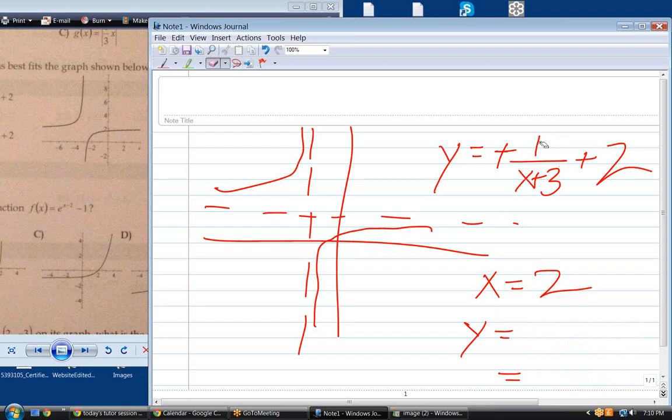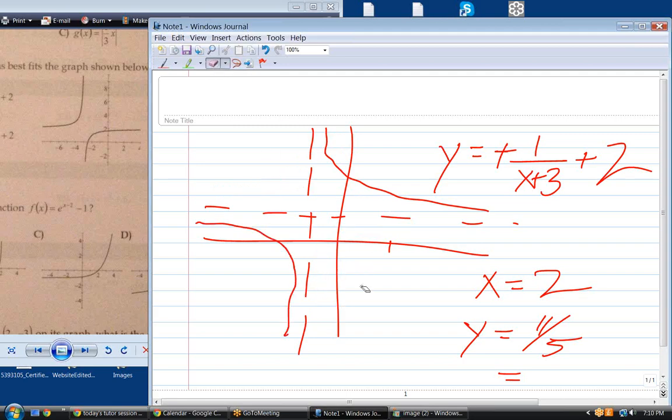Yeah. Because it becomes plus 1/5 plus 2. So that would be a number greater than 2. And yet I can see that for this to be greater than 2, it would have to be in the first and third quadrants. So you can always just plug in a number and see which quadrant you're in to determine whether you have the right graph or not. Okay?